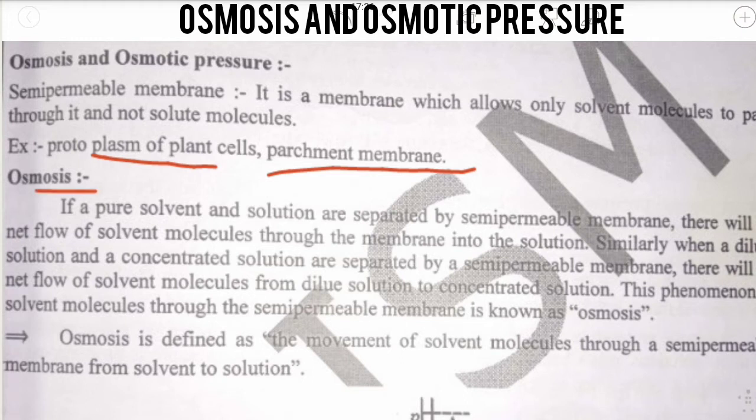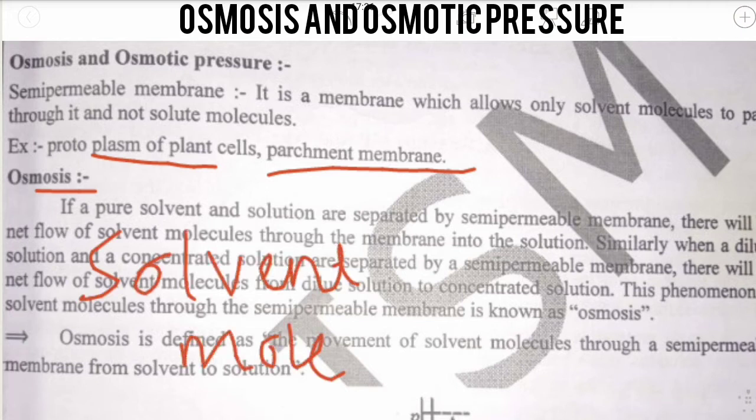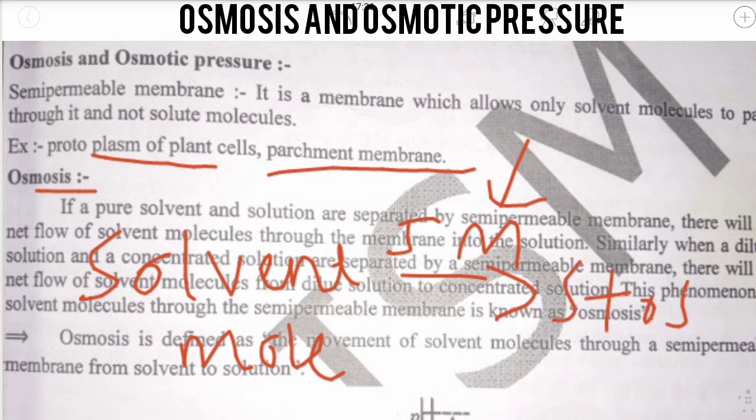The first important thing to understand is osmosis. What is osmosis? Osmosis is the process of movement of solvent molecules through a semi-permeable membrane, SPM, from solvent to solution.